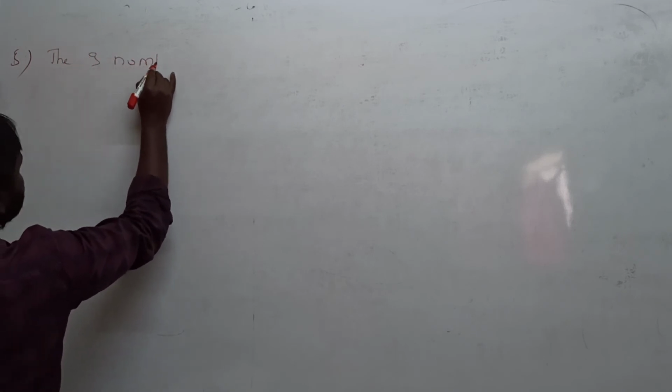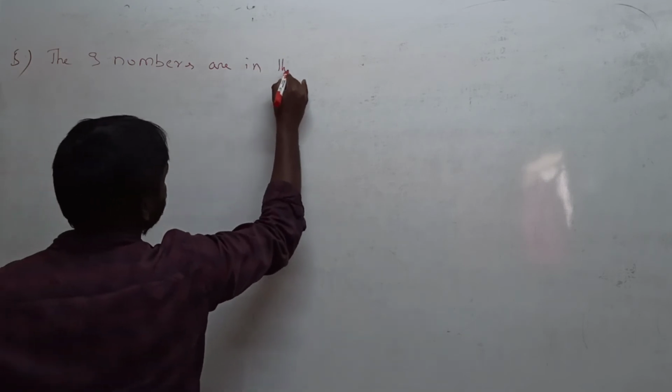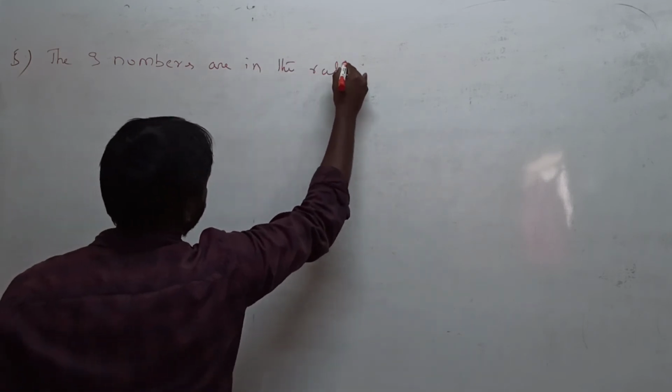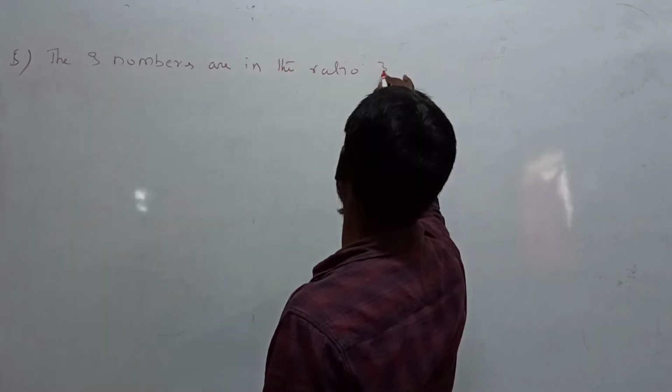Three numbers are in the ratio 3 is to 7 is to 9.